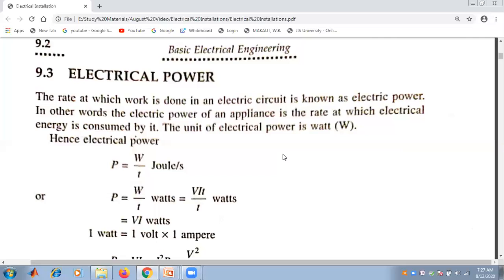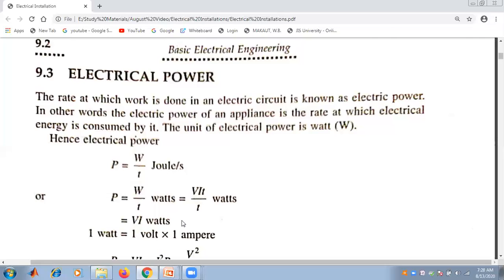The unit of electric power is the watt, denoted by W. The mathematical expression of electric power is P equal to W by T, that is joule per second, or watts. Since W is equal to VIT, P equals VIT by T, that is VI watts.